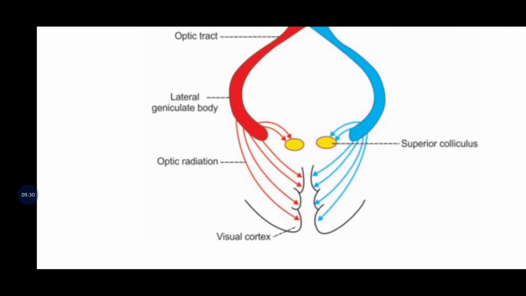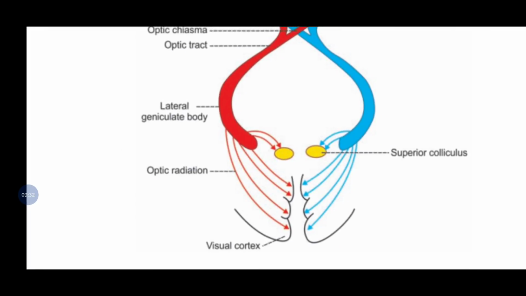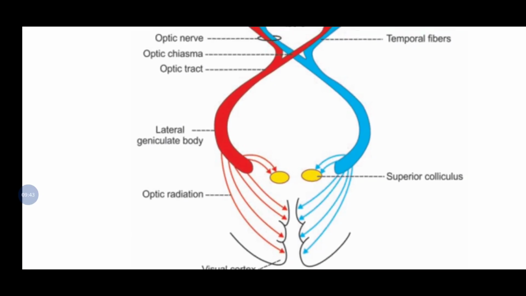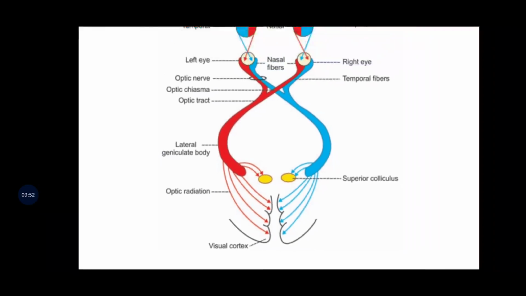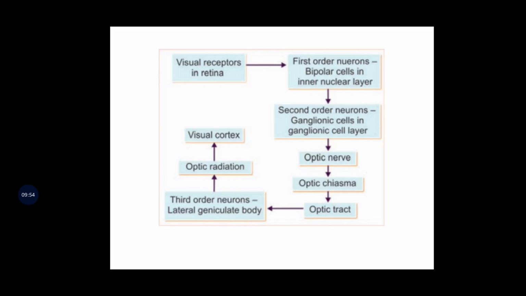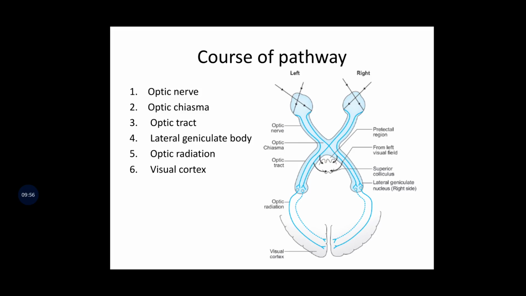Now from here, the optic tract which originated in the contralateral nasal retina terminates in layers 1, 4, 6 of the lateral geniculate nucleus. Wait, I'll show you.